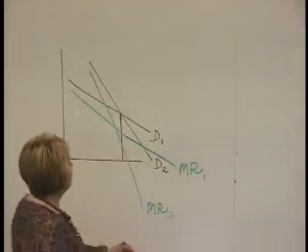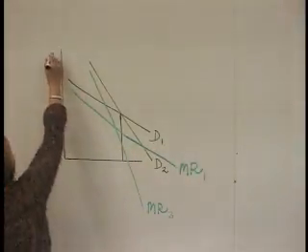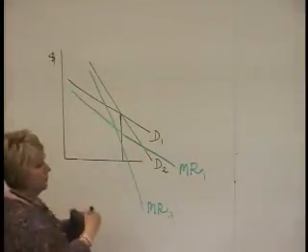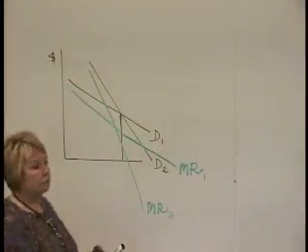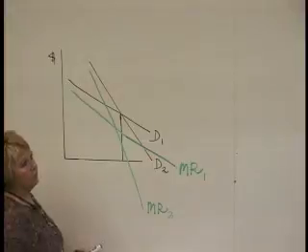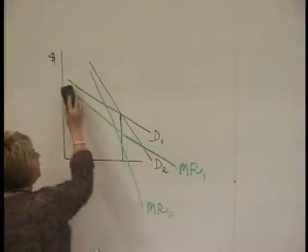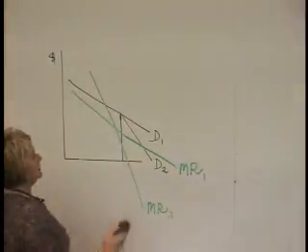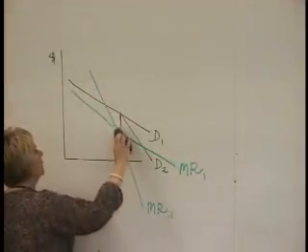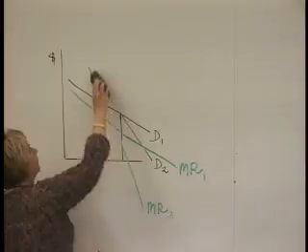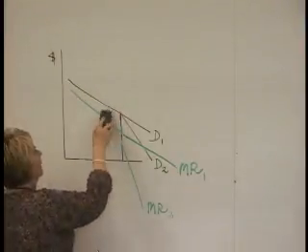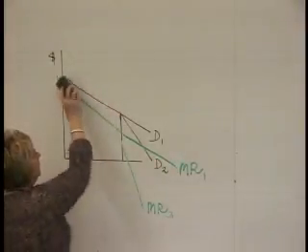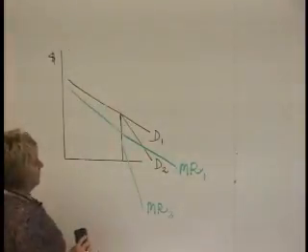When price goes up and the others are not going to follow, you are losing, and therefore you are part of the elastic demand curve. Take away the inelastic and take away the marginal revenue from that inelastic demand curve.